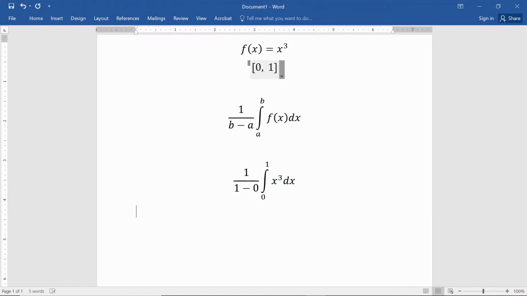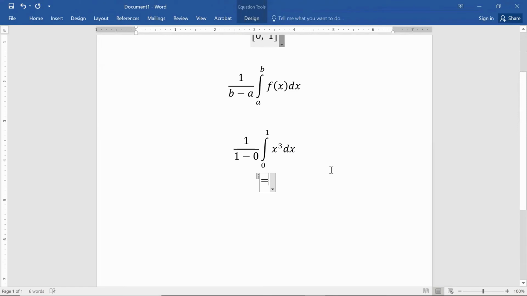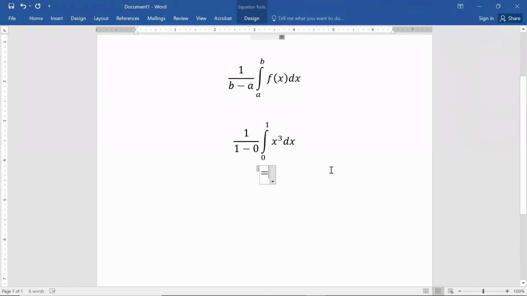Now I can actually do my integration using the fundamental theorem of calculus. We get 1 over 1 as my coefficient, so 1 is my coefficient. 1/4 x to the 4th. We're integrating from 0 up to 1, so we're going to plug in 1, then plug in 0.